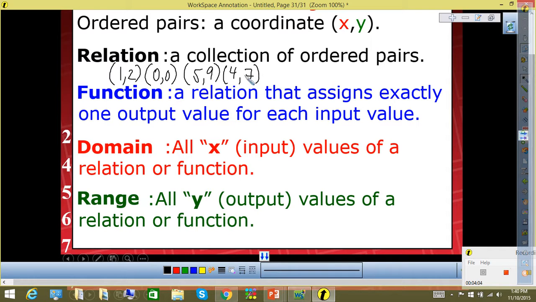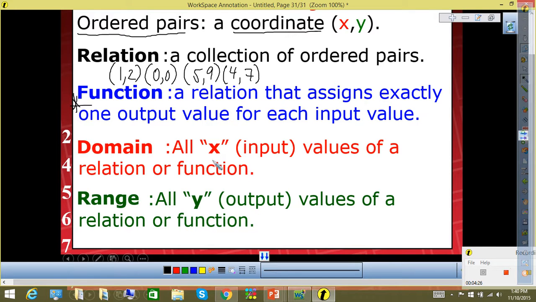So all these together are called a what? A relation. One of them by itself is called a coordinate or ordered pair. Does everybody understand that? So one of them is an ordered pair. A lot of them together, it's a relation. What I want to clarify is this next one, function, but I'll do that in the next slide.